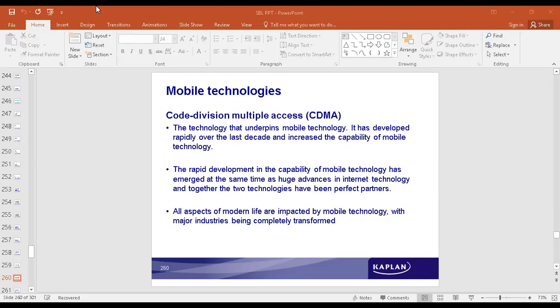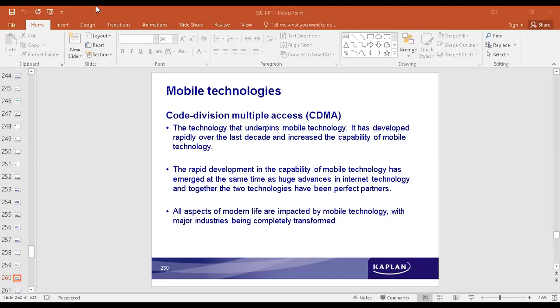It has become so important in one's life that any transaction that has to be taken up is now possible with the mobile phone. Mobile technology has become so prominent in day-to-day life. You have also seen that any payment can be made through a mobile phone.